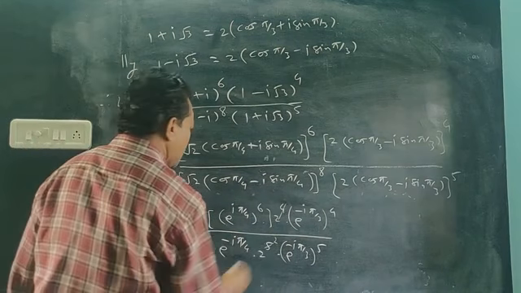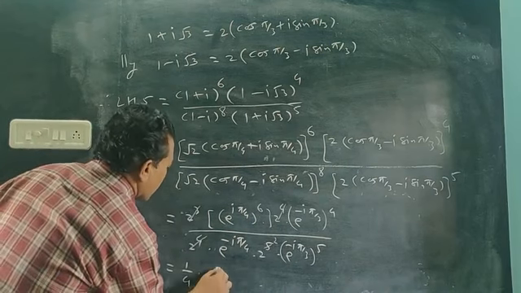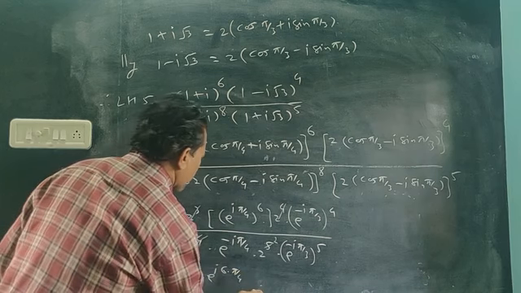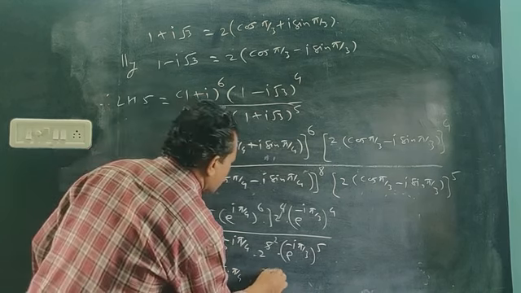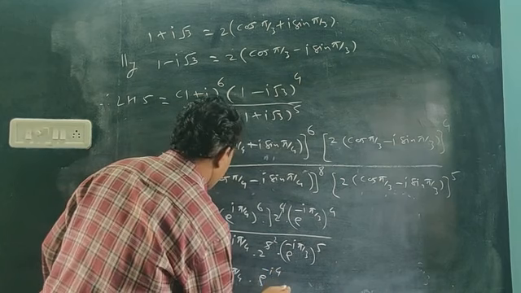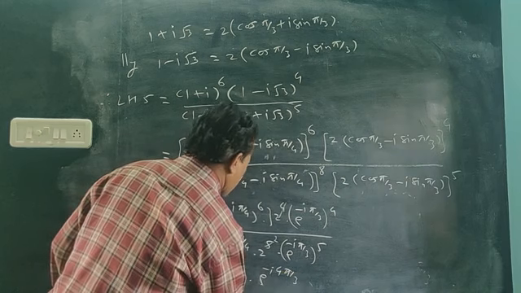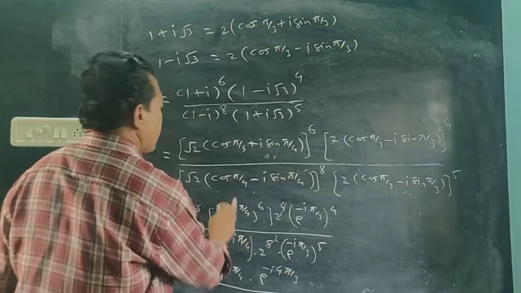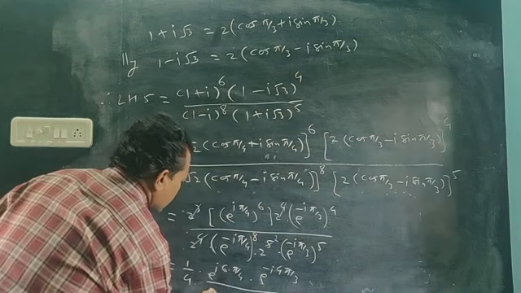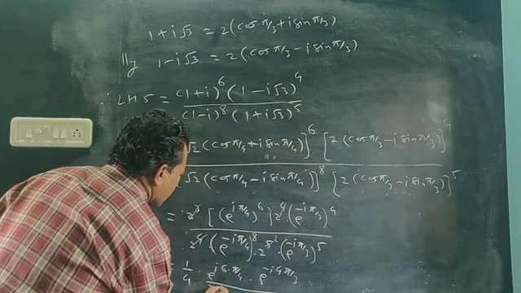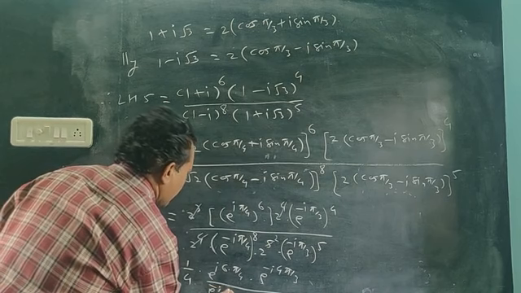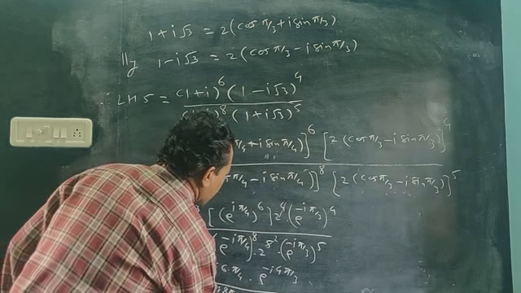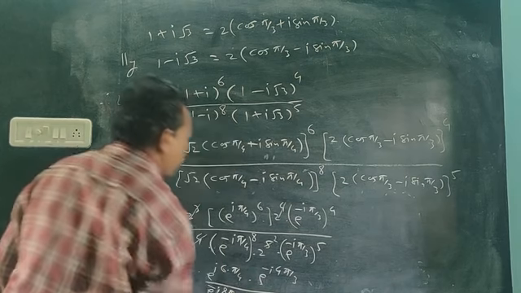Now what is e raised to power total? So e raised to power I 6 into pi by 4, e raised to power I 4 into pi by 3, here e raised to power 8 actually. So e raised to power minus I 8 times pi by 4 and this e raised to power minus I 5 times pi by 3 total.